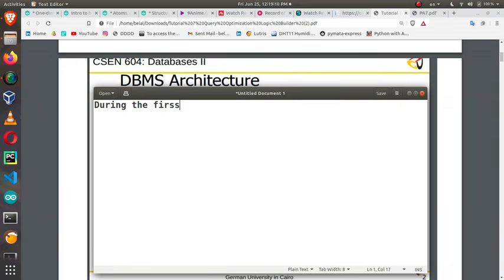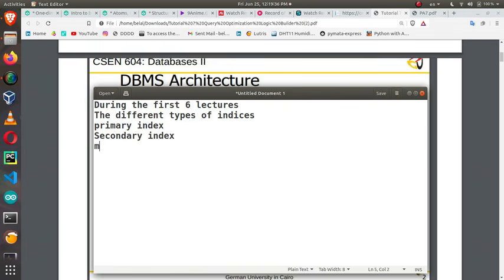During the first 6 lectures and tutorials, you have been taught about the different types of indices, such as primary index, secondary index, multi-level index, sparse index, dense index.